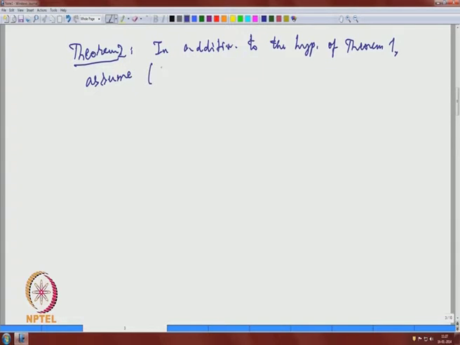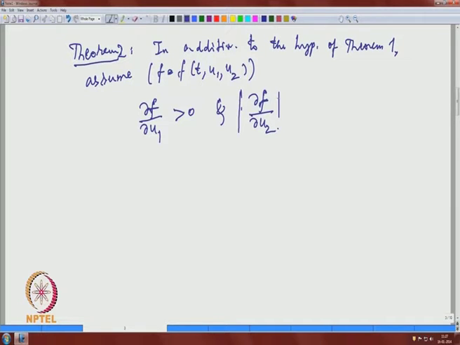Remember f is this f of t, u1, u2, a function of 3 variables. So, del f by del u1 is positive and del f by del u2 is bounded.